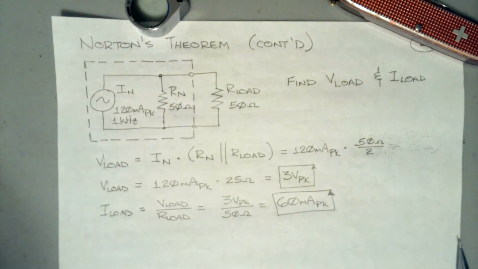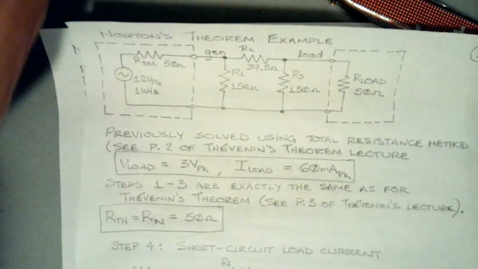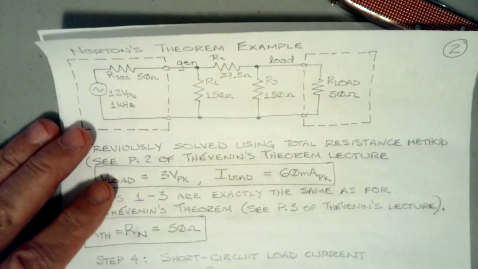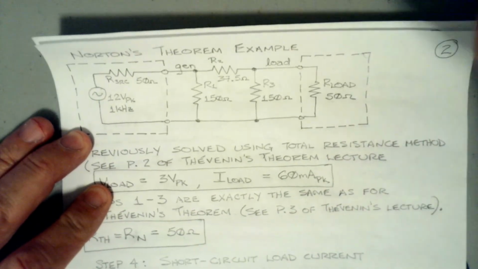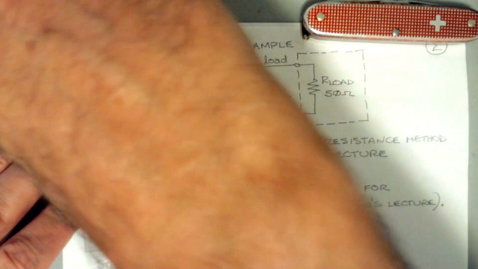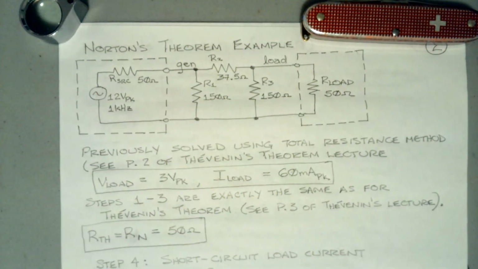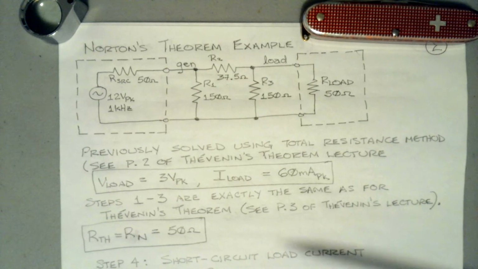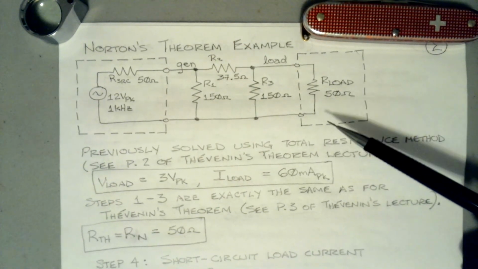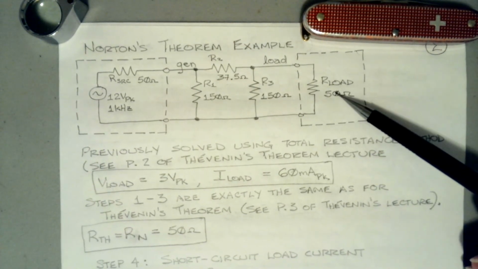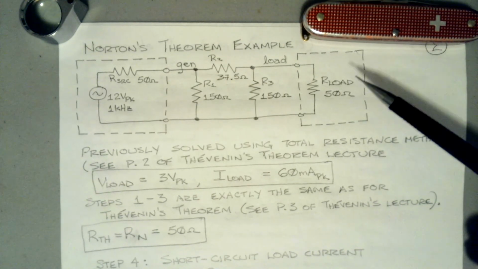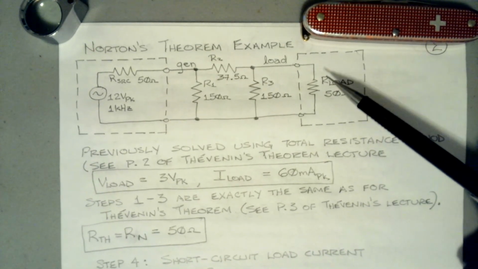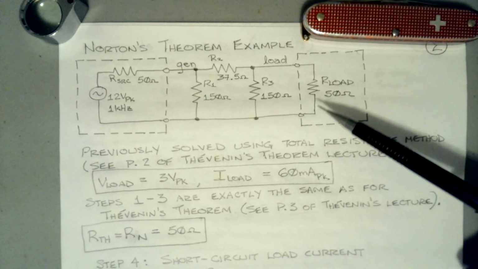And you might think, why do this? I can't remember if I said this in the Thevenin lecture or not, but let's go back to our original circuit. Supposing you wanted to evaluate this circuit for 20 ohms, 30 ohms, 50 ohms, 70 ohms, 100 ohms, to see what the output would be for all these different loads.